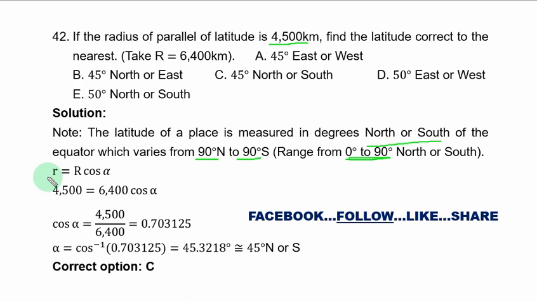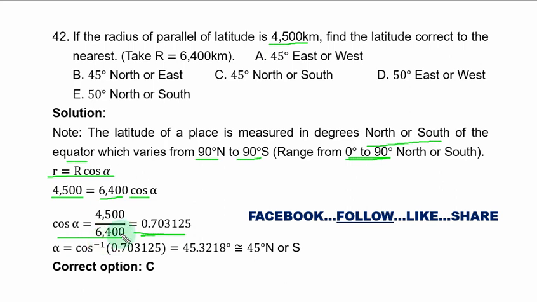This is the formula for the radius of parallel of latitude. That radius is 4,500. This is the radius of the earth, that is 6,400 times cos alpha. If you make cos alpha the subject, you divide through by 6,400, and that gives this.